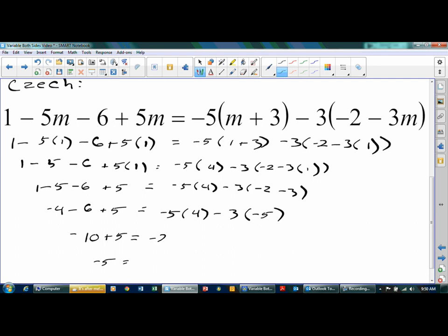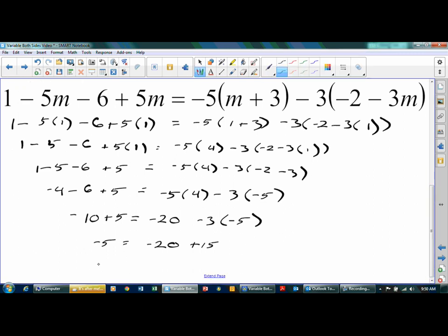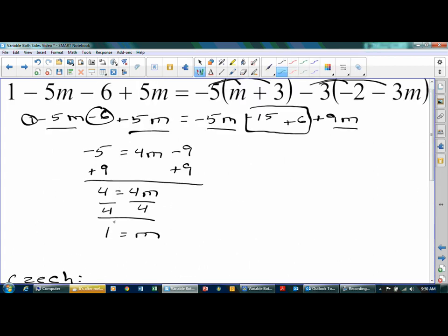That's negative 20 minus 3 times negative 5. Negative 20, negative 3 times negative 5 is positive 15. So negative 5 is a negative 5 because negative 20 plus 15 is negative 5. So it checks. So our answer is m is 1.